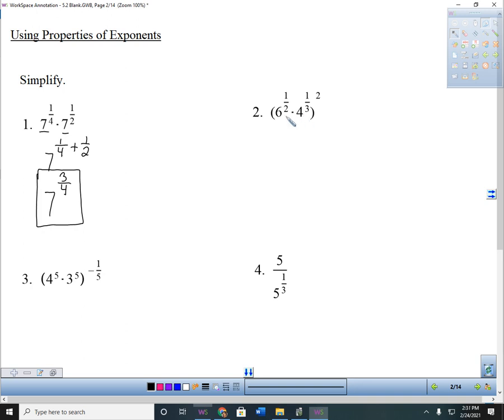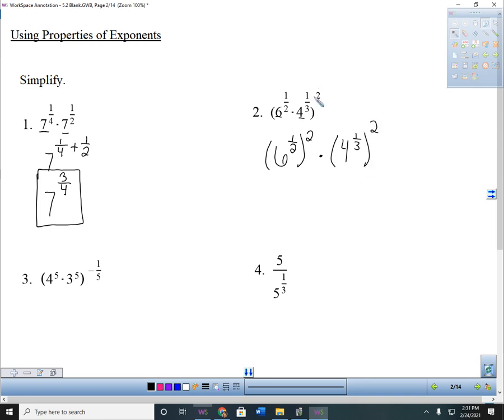All right, if you look at these, my first instinct is to want to try and put these together. But I can't put them together as one because they have different bases, right? So instead, I notice that I'm raising two separate things to a power here. So I'm going to take each one individually and raise them to that power. So 6 to the 1/2 to the second power times 4 to the 1/3 to the second power.